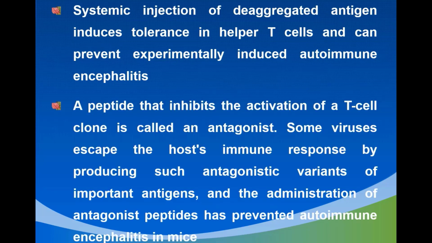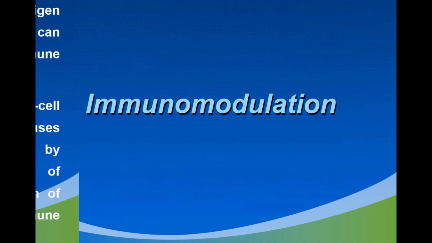A peptide that inhibits the activation of a T cell clone is called an antagonist. Some viruses escape the host immune response by producing such antagonistic variants of important antigens, and the administration of antagonist peptide has prevented autoimmune encephalitis in mice.